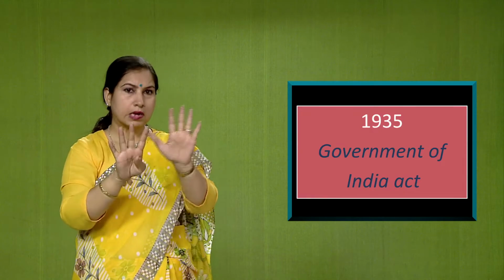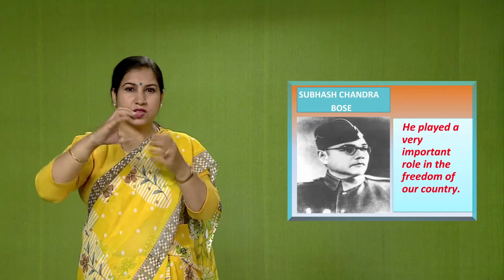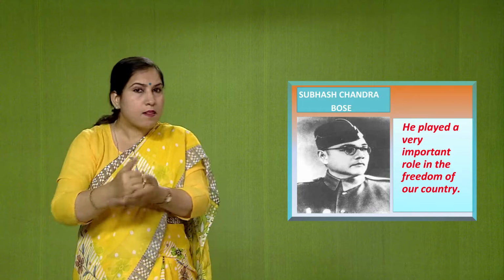Learners, let us quickly revise what we have learnt till now. In the beginning of the video, we discussed the provisions of Government of India Act of 1935. We also discussed the role of Subhash Chandra Bose and Azad Hind Fauj in Indian freedom struggle.